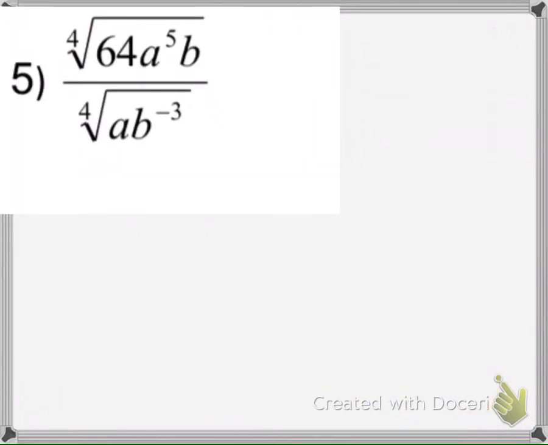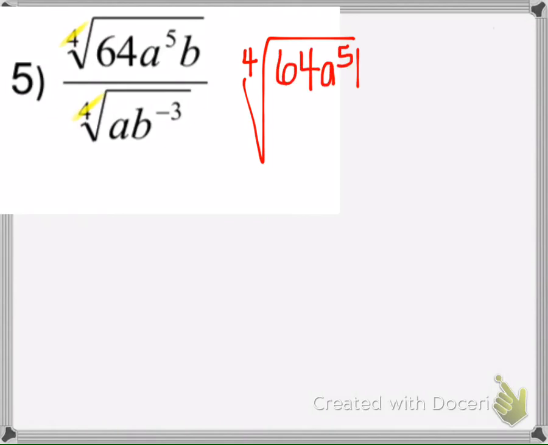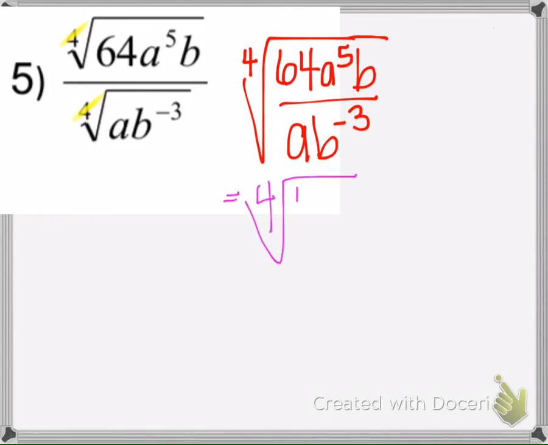Okay, in this problem I noticed that the index are both 4, so that means we could join it and simplify it all together first before we do anything with the radical. So let's write that a little bit smaller there.